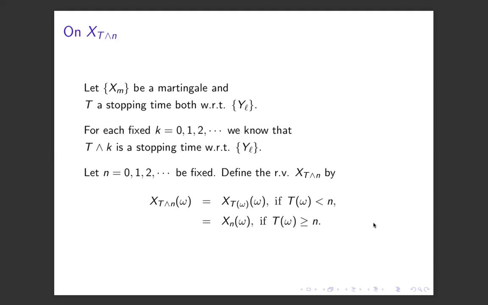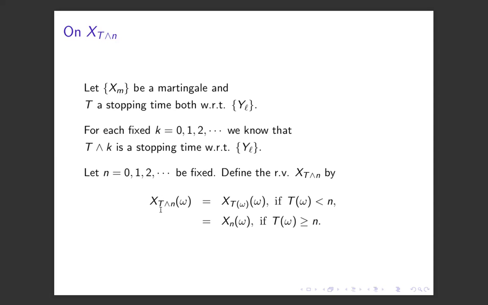Then it's a stopping time, right? Pardon? X is a stopping time. Where is S here? X is a martingale. We are starting with the martingale X. No, the random variable X, T, and N. No, see, X is a stochastic process which is given to be a martingale.